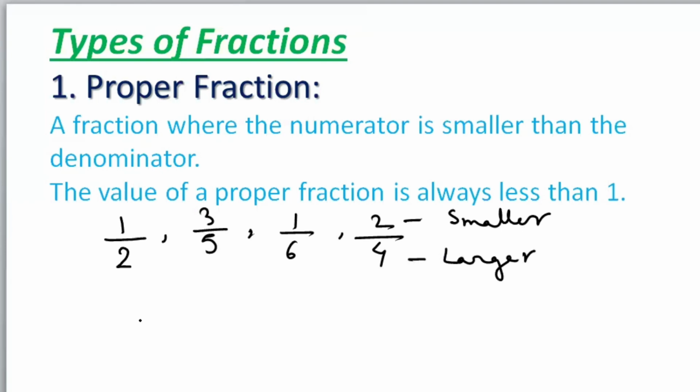Now, how can we represent a proper fraction on the number line? Let's see how we can represent a proper fraction on a number line. This is a number line. It says 0 and it says 1.